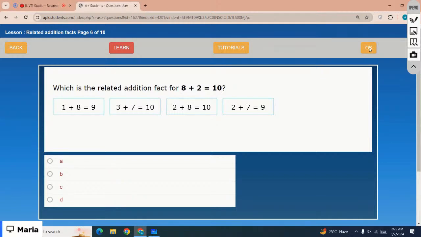Which is the related addition fact for 8 plus 2 equals 10, which is the correct option?